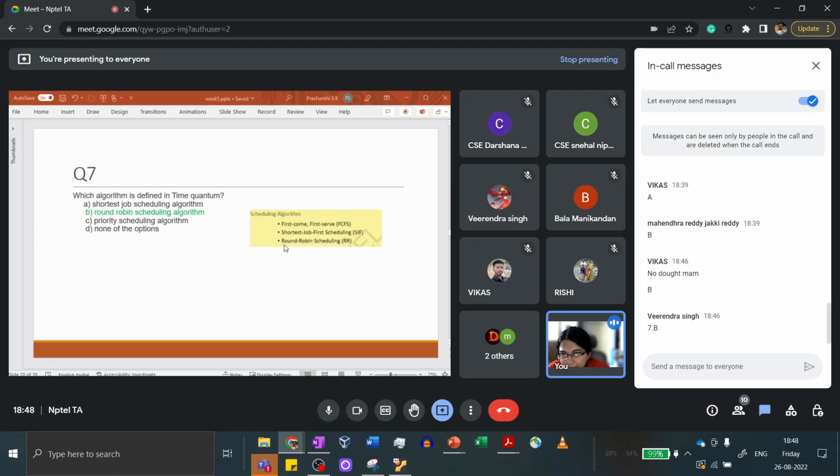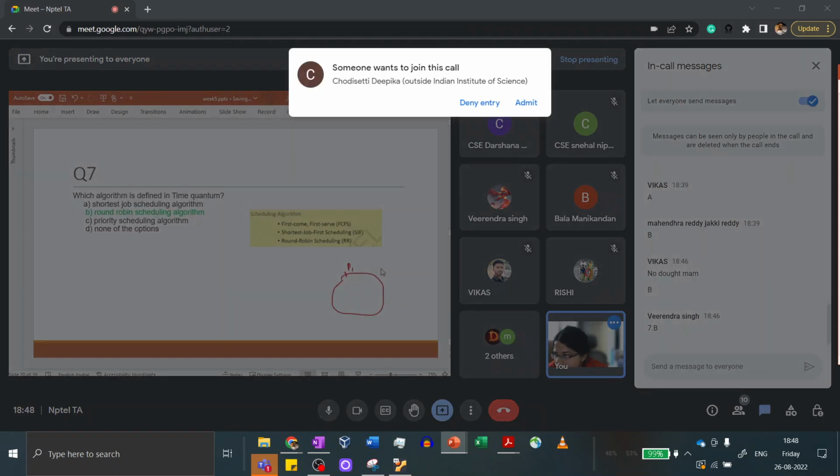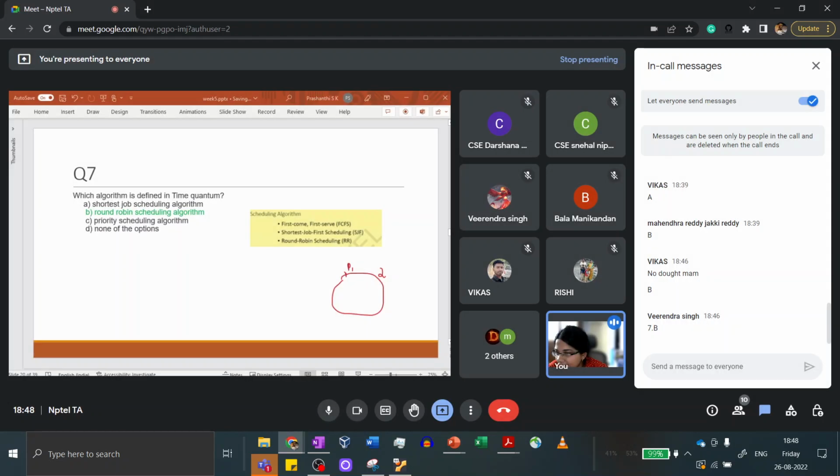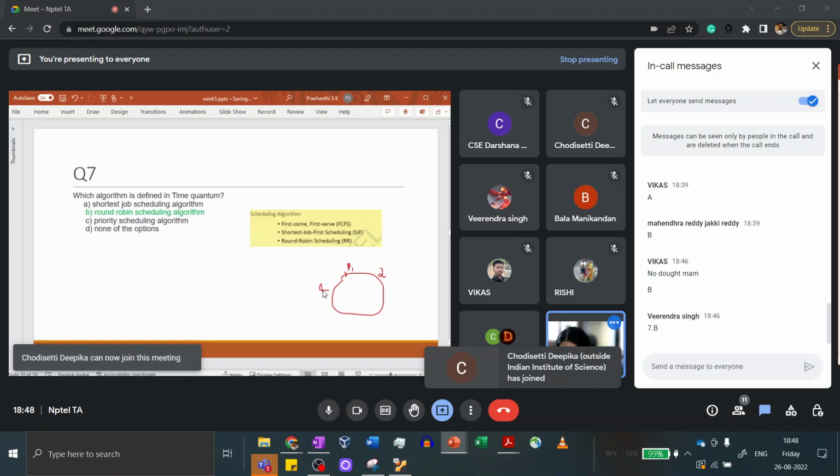Round robin scheduling is, imagine a circular buffer. You start from one point, and let's say you have P1 here, and then 2, 3, 4, and then 5, and then it wraps around to P1.